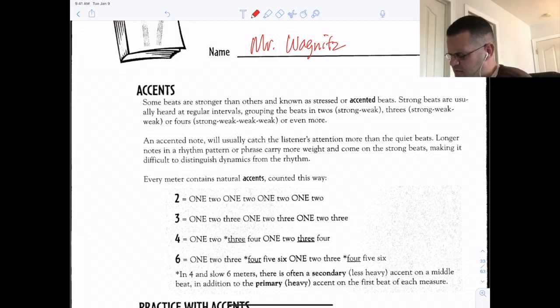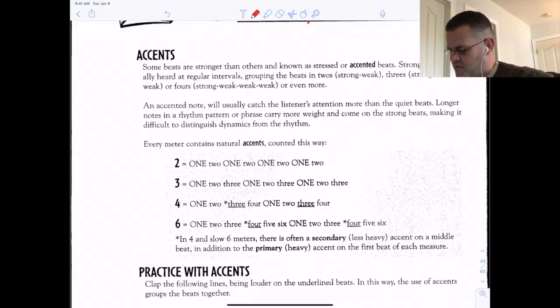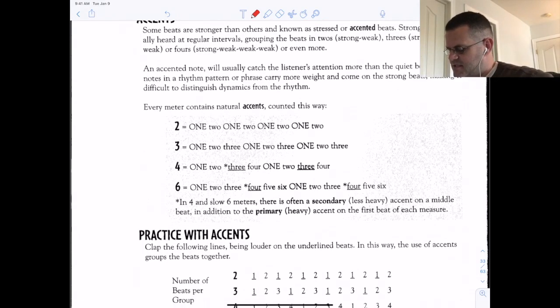Longer notes in a rhythm pattern or phrase carry more weight and come on the strong beats, making it difficult to distinguish dynamics from the rhythm. Every meter contains natural accents counted in this way.